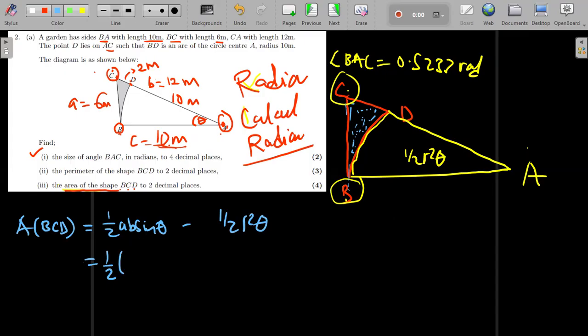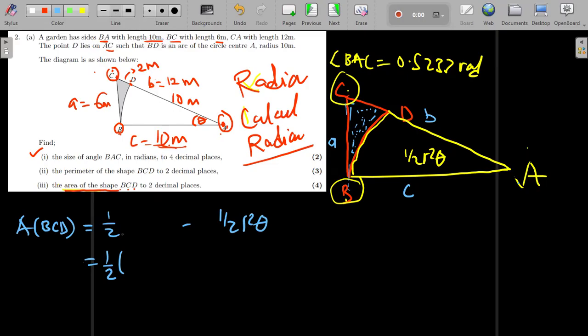Our B and our A are just these opposite sides here. Since we are using angle A, this is A, this is B, and this is C. Actually here I'm supposed to put B and C, not A and B. That wouldn't be correct because we are using angle A.